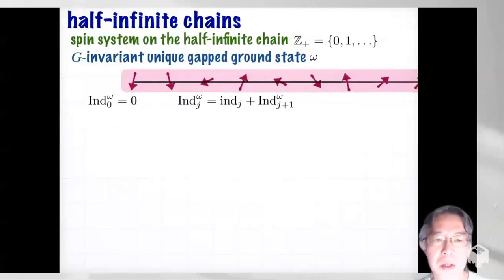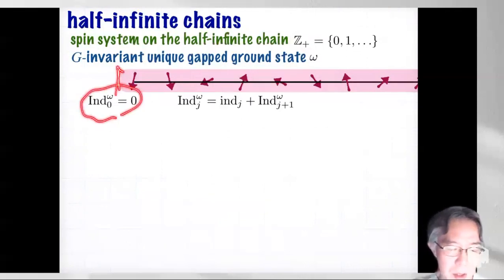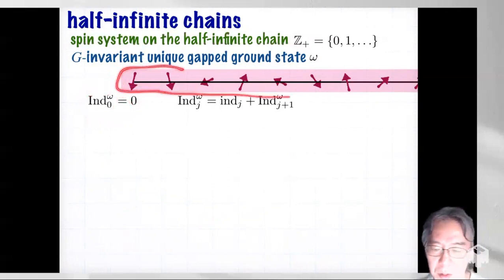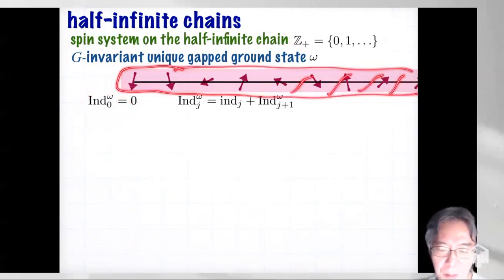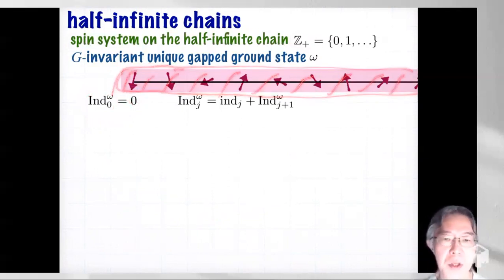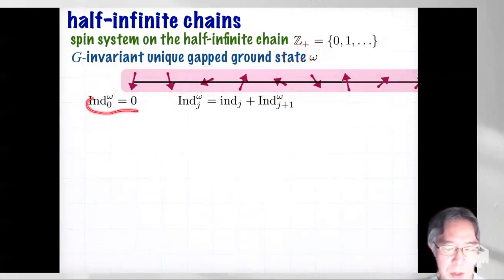In this case, I claim that the Ogata index here at the origin is 0, because this Ogata index represents a transformation property of this half-infinite chain, but this is the whole system, and the whole ground state is G-invariant, so this must be 0.